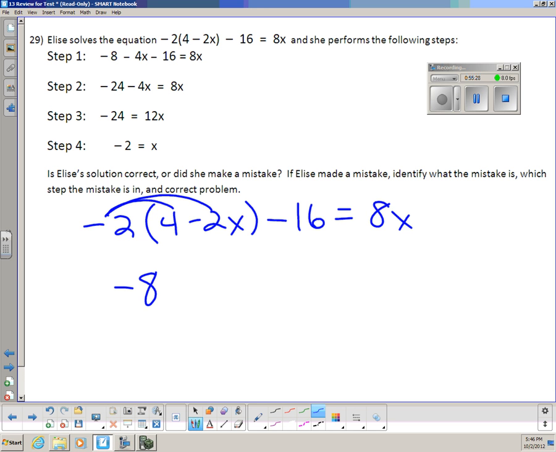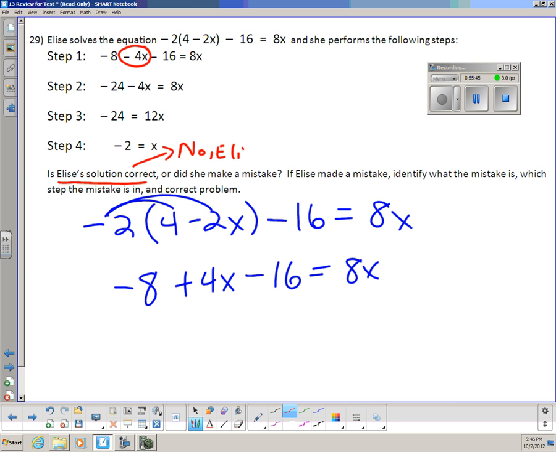And I have negative 2 times negative 2x, which is positive 4x. If you notice, Elise had negative 4x. So is Elise's solution correct? No. Elise's solution is not correct.